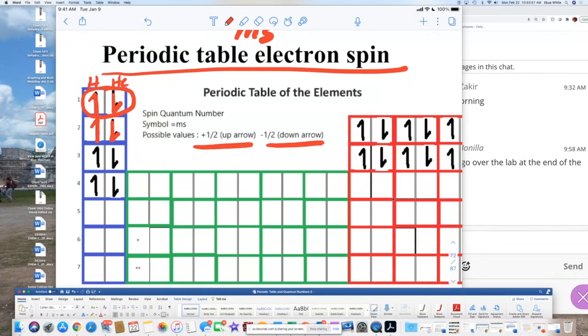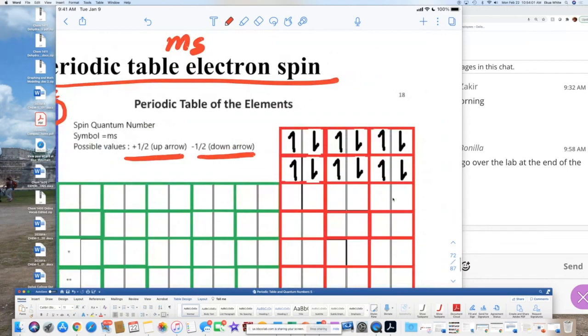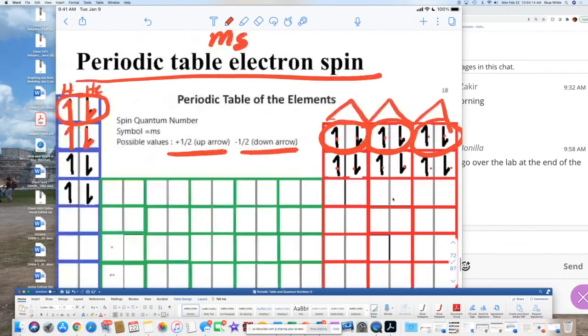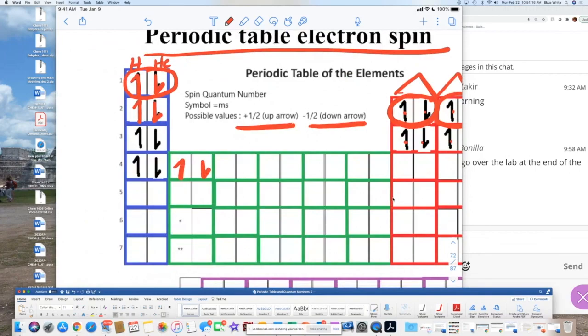Over here, these next two are in the same orbital, up and down. Same here. So you can see here, you have 3 different m sub l values. These are together in the same orbital, same orbital, same orbital. Up, down, up, down, up, down. And so it continues like that.